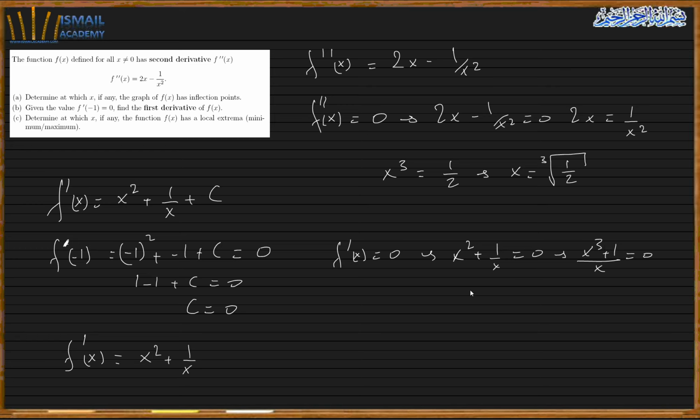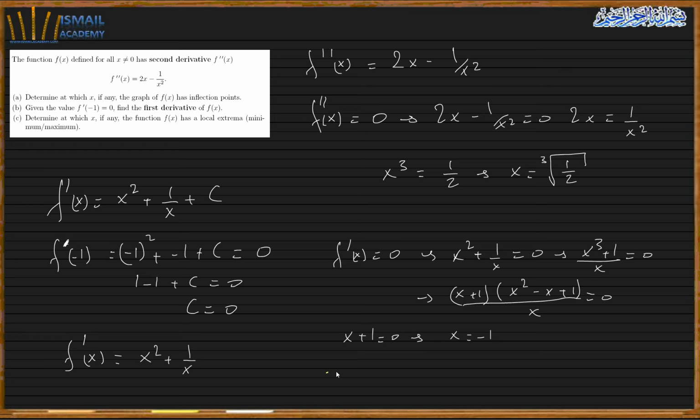Here I can factor this: x plus 1 times x squared minus x plus 1, over x, equals 0. That means x plus 1 equals 0, so x equals minus 1.